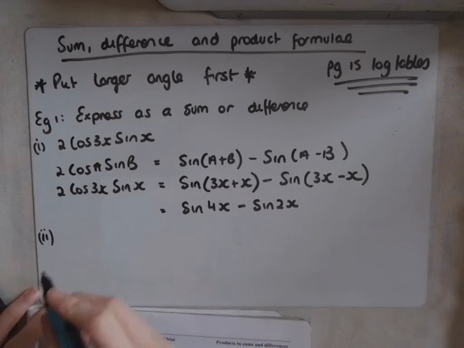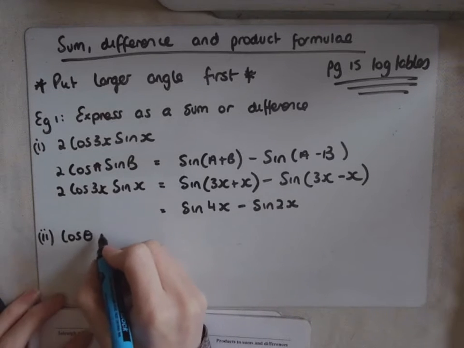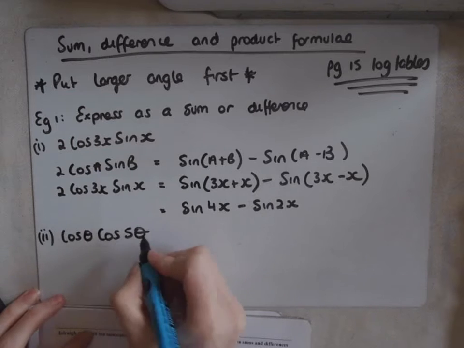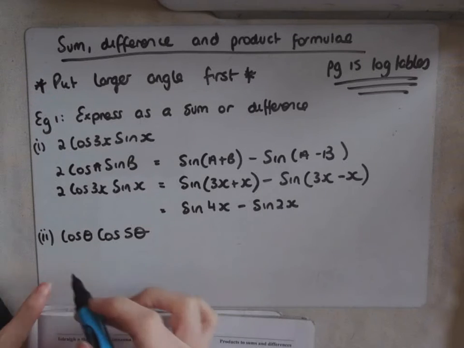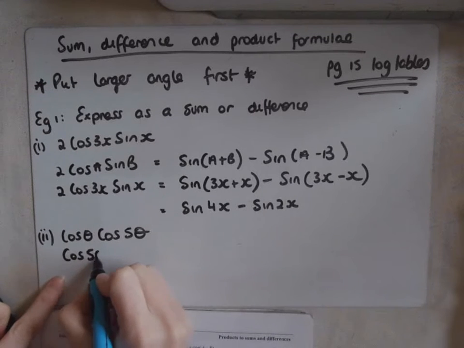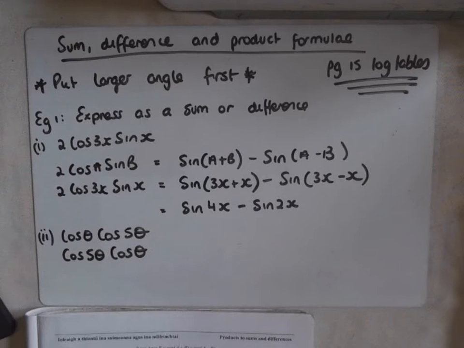Part 2. Express as a sum or difference cos theta, cos 5 theta. Now, really important that we put our larger angle first. So rearrange this to be cos 5 theta, cos theta.